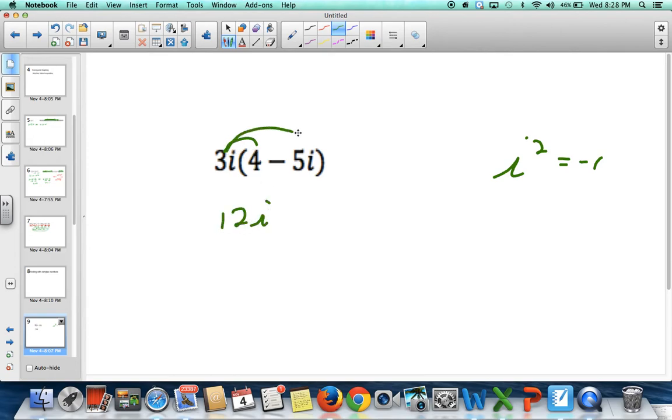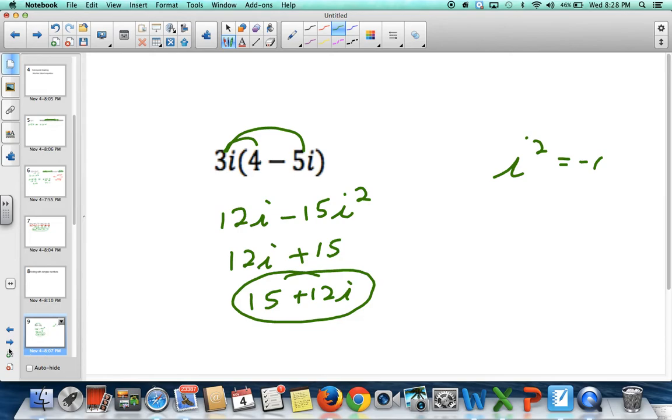And this one, I'm going to say 3i times 5i, which is minus 15i squared. And now I don't stop here. I look at i squared as negative 1, so that's going to be 12i plus 15, because minus 15 times negative 1 is plus 15. And I write that as 15 plus 12i.